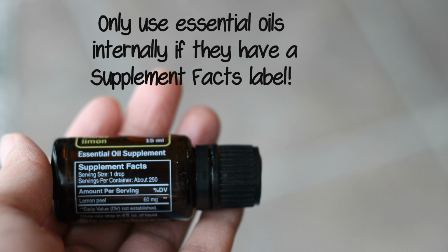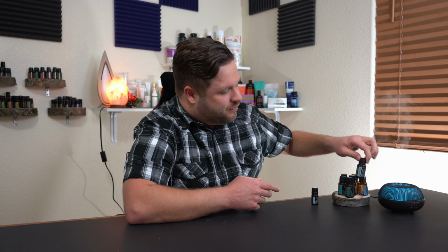And one way you can tell is on the bottles of certified pure therapeutic grade, it'll say supplement information and give you directions on how to use that internally. Okay, some oils will need to be diluted to take internally, but many can just be used straight. I would only take 1 or 2 drops, and because they are so effective, you don't need any more than that to be used effectively internally.